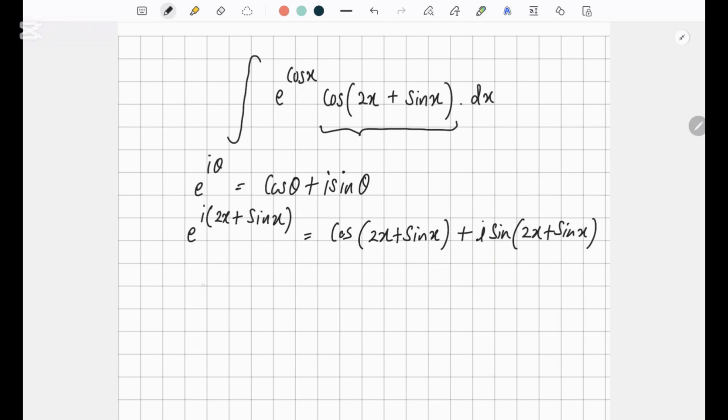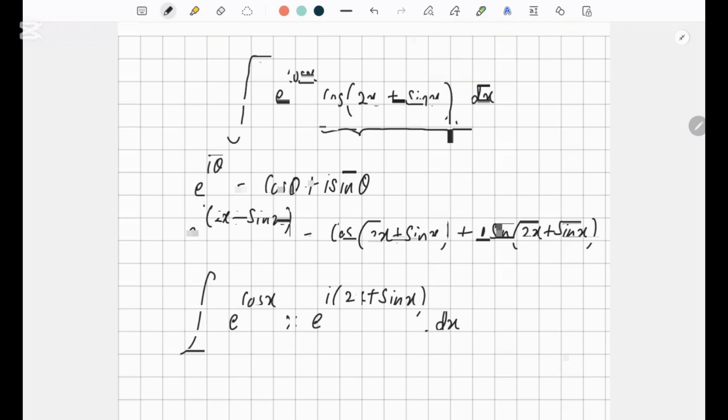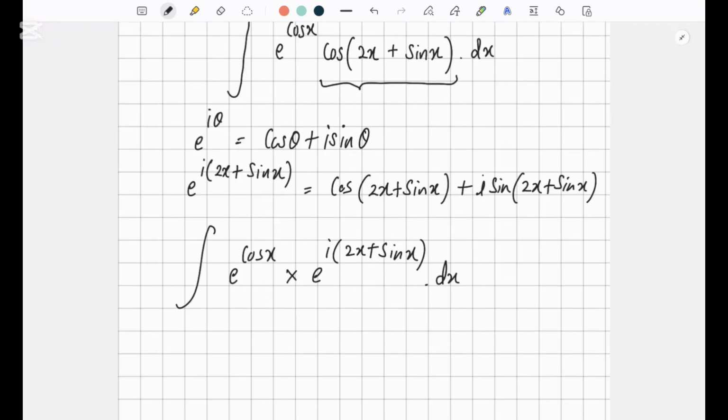All right, so we could write e to the power cos x into e to the power i into 2x plus sin x dx. Now when you do these questions, you usually write R in front, representing that you always take the real part into your integrals.